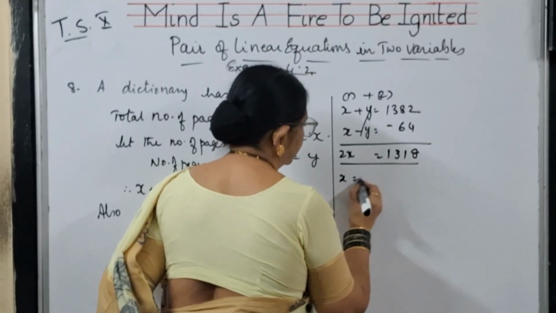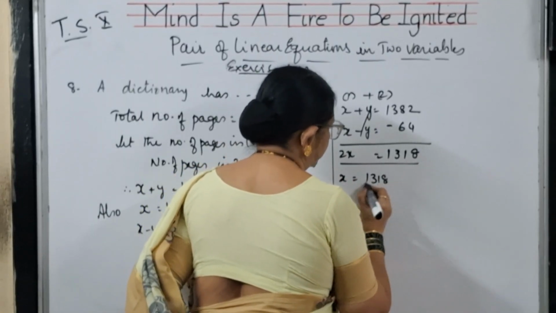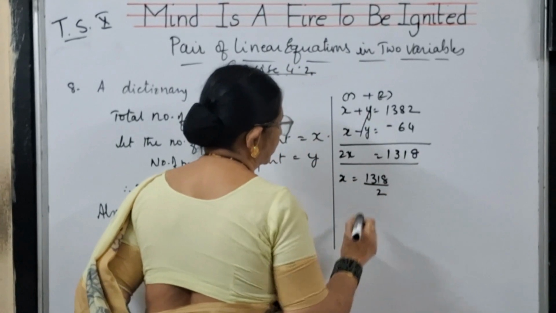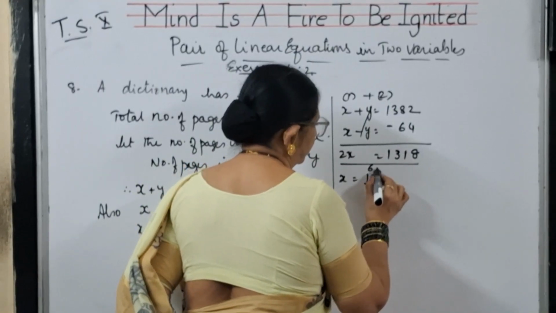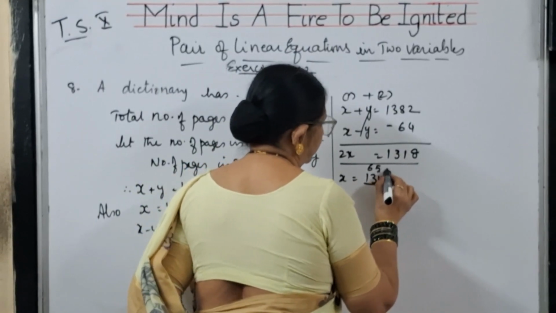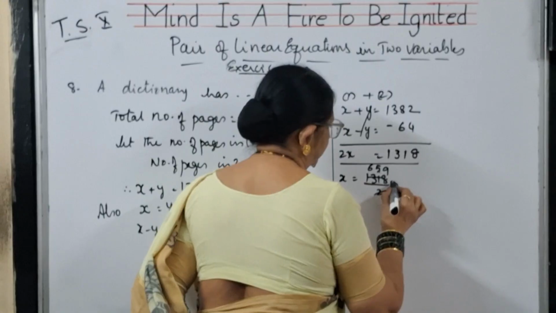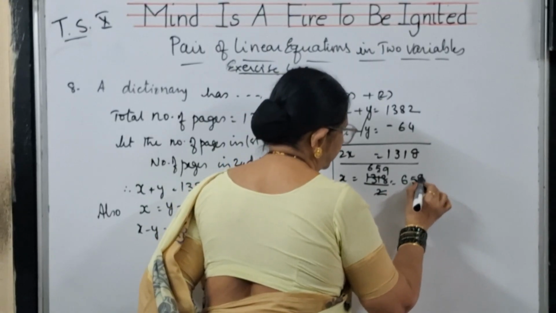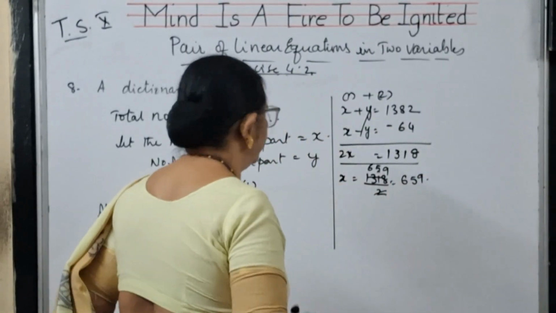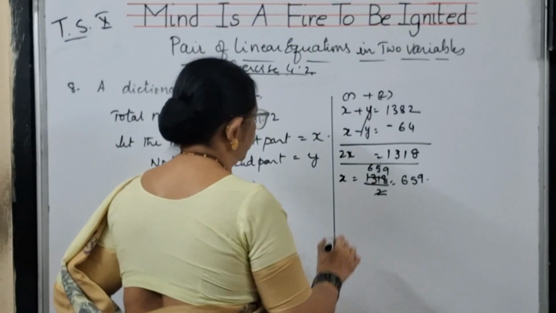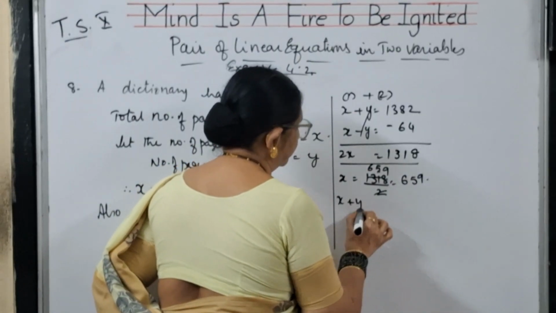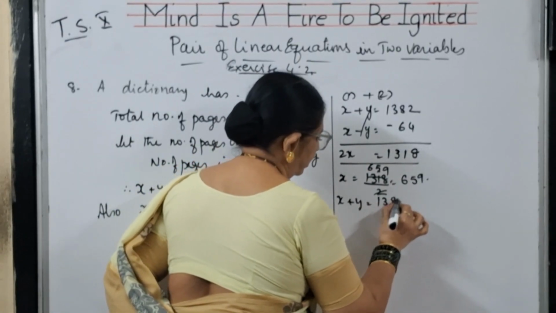So what is x? 1318 by 2. 2 6s are 12, 2 5s are 10, 2 9s are 18. 659. X value is 659.